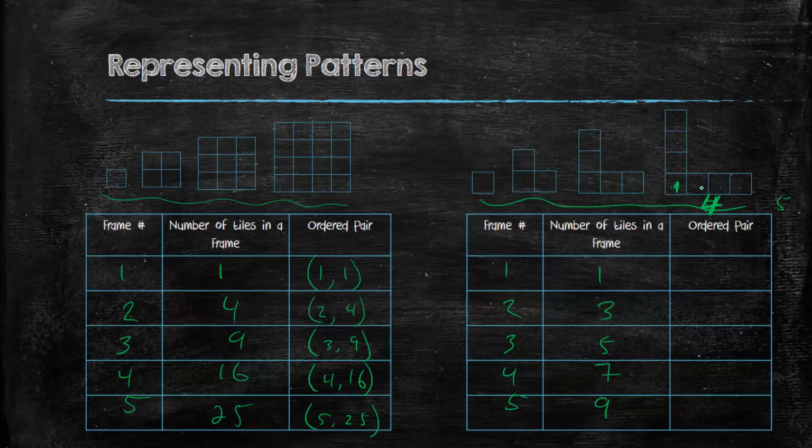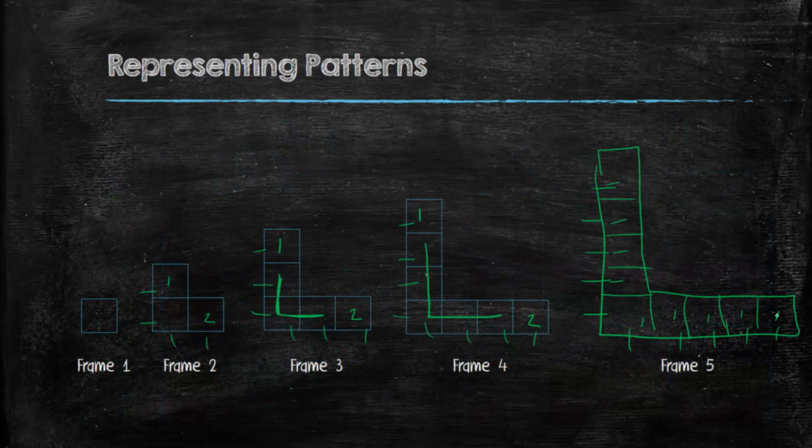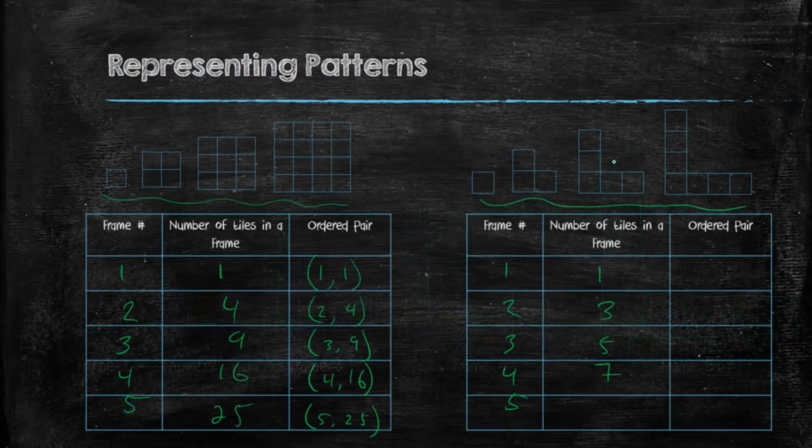So in frame 4 we've got 7, so 3 on each side, and in frame 5 we'll have 4 on each side, 4 here and 4 here. That gives us 8 plus 1, 9 in frame 5. In fact, if I go back you'll see that 1, 2, 3, 4, 5, 6, 7, 8, 9. Great.